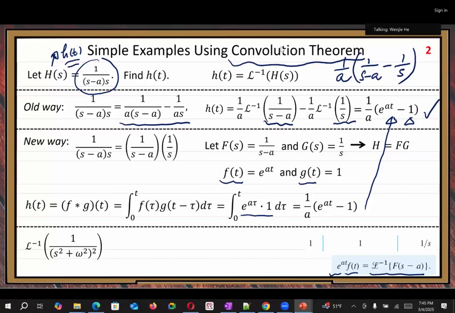This time we want to calculate the inverse Laplace transform of 1 over (s squared plus omega squared) squared. If you do not apply this convolution theorem, it's not easy using our old way, because the denominator's structure is a square of a function.